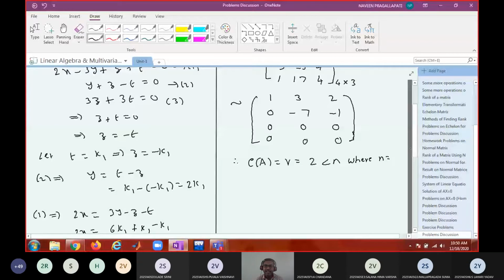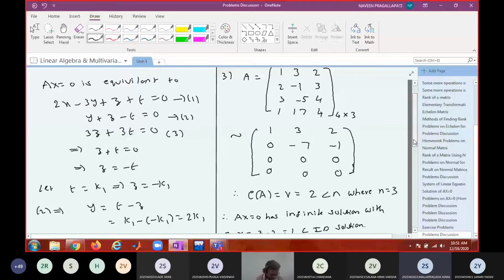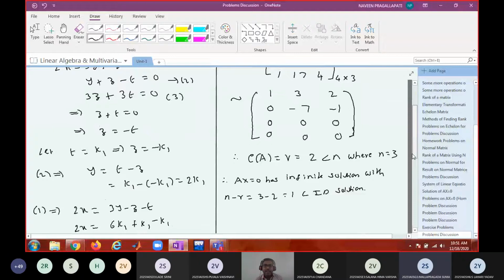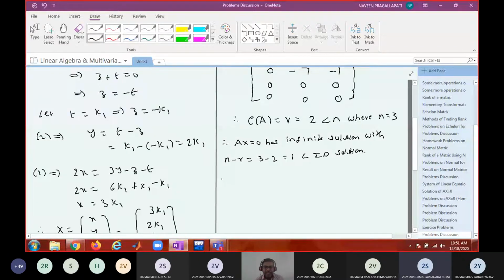Therefore Ax equal to 0 has infinite solutions, with n minus r linearly independent solutions. N minus r equals 3 minus 2 equals 1 linearly independent solution. So one independent solution; therefore what is the equivalent system?